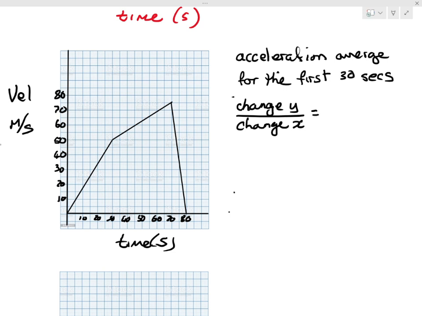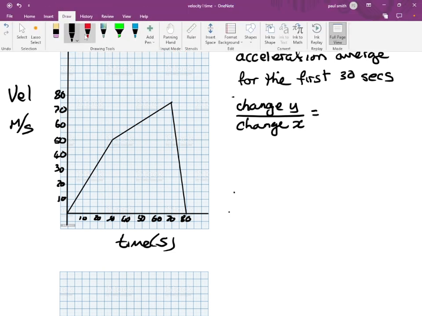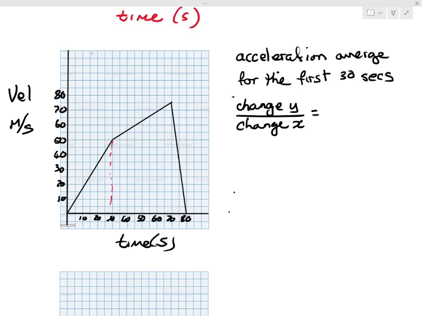So what you need to do is look at the first 30 seconds, which is up there. The change in y is from 0 to 50. The change in x is from 10 to 30. So 50 divided by 30 is 5/3, so it's 1.6 recurring meters per second. Probably meters per second squared, but this is acceleration.